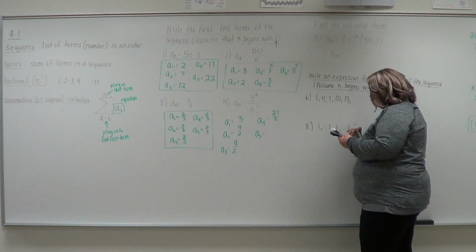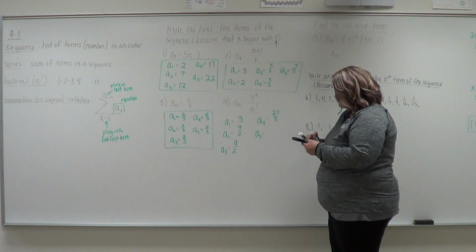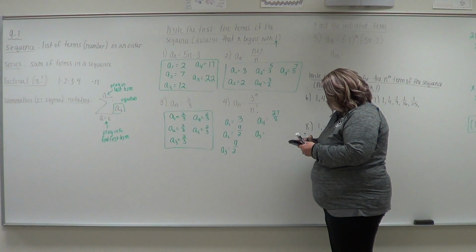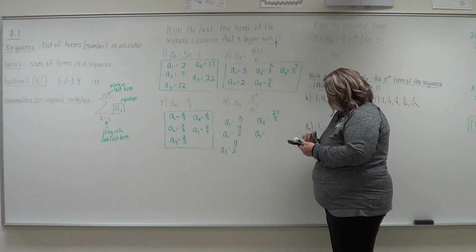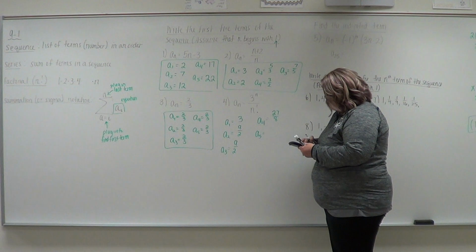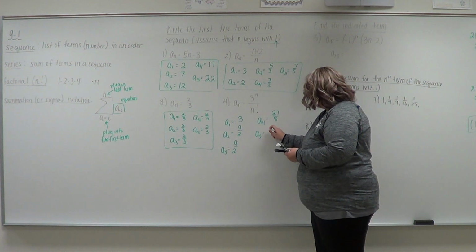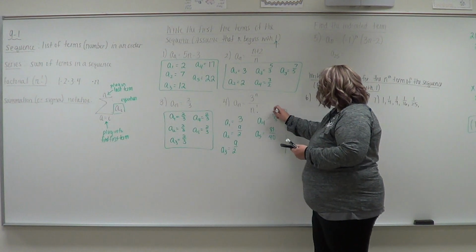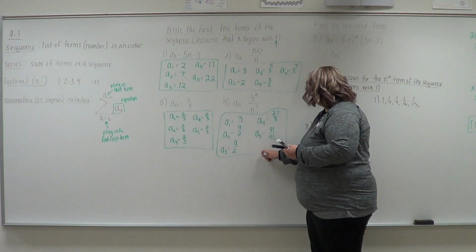And then A5, 3 to the 5th is 243. 5 factorial is 120. So if I divide those out, this would be 81/40. And if you want to write it as a mixed number, that's fine.